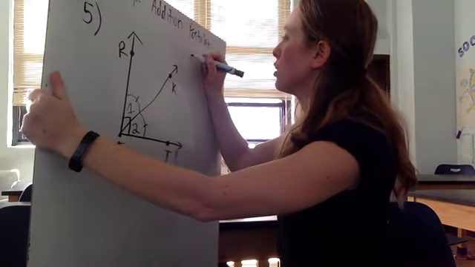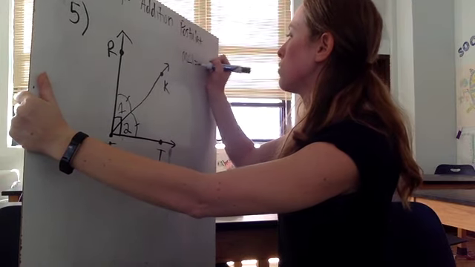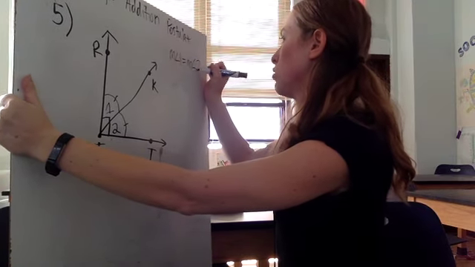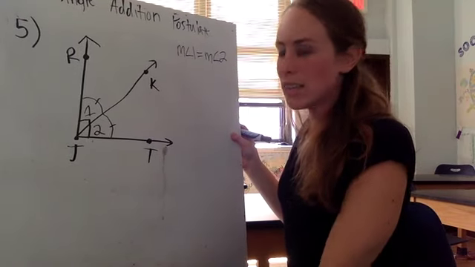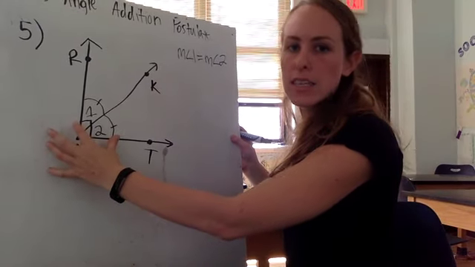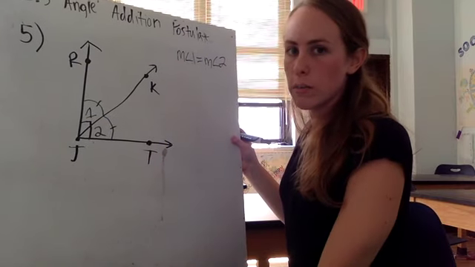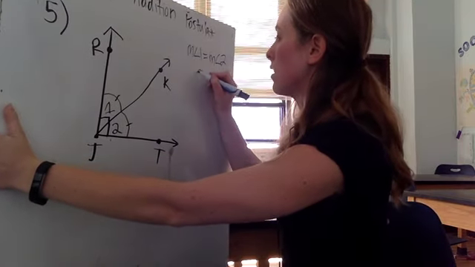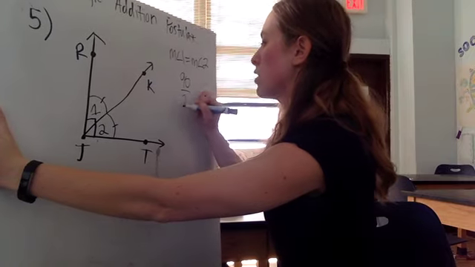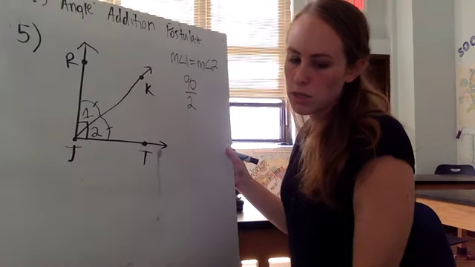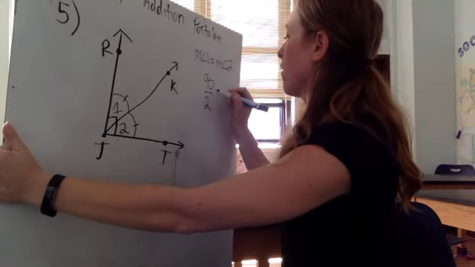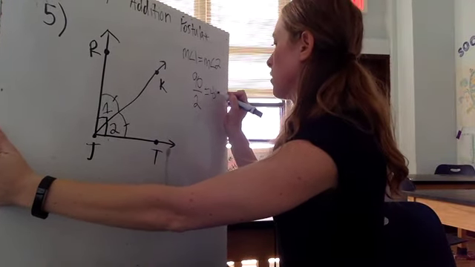So the measure of angle 1 has to equal the measure of angle 2. Now, I know that the whole angle is 90. So I can take the 90 and I can cut it into two equal pieces. I can take the 90 and divide it by 2. Take the 90, cut it in half, cut it into two equal pieces, and you would get 45 degrees.